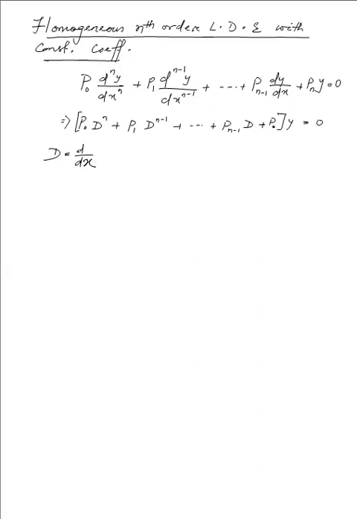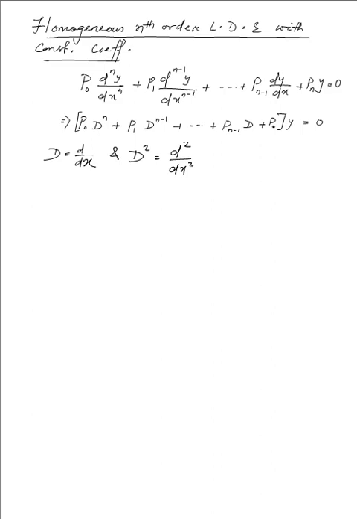And for D squared and the other terms, they are of the order of the power mentioned. So D squared will be d2 over dx squared, and similarly D to the power n is the nth differential operator.